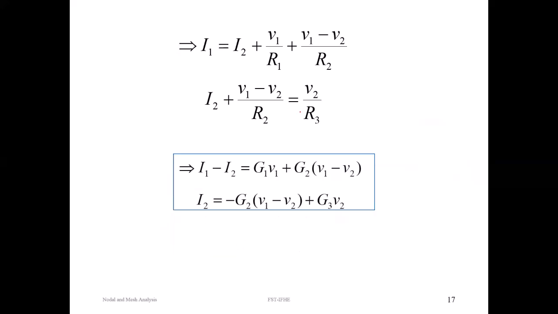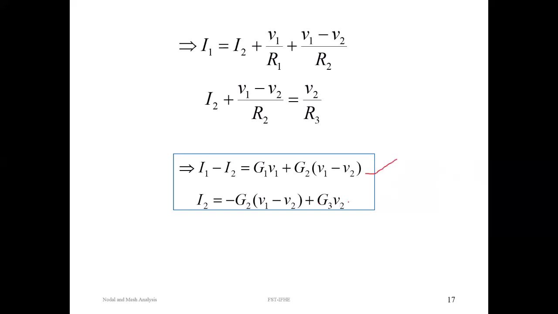If you simplify these equations, we can write in terms of conductance: I1 minus I2 is equal to G1 V1 plus G2 into V1 minus V2, whereas I2 is equal to minus G2 into V1 minus V2 plus G3 into V2.